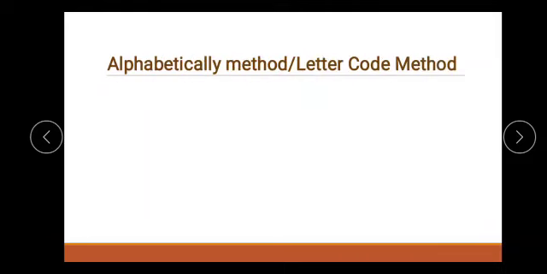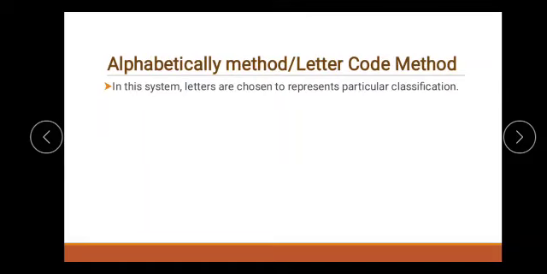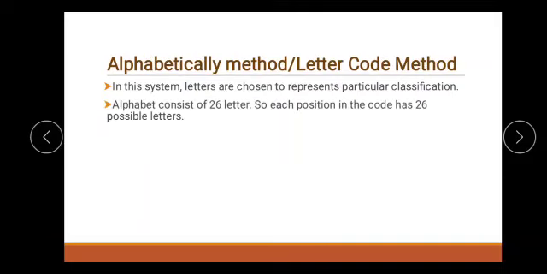First, the alphabetical method is also called the letter code method. In this system, letters are chosen to represent a particular classification. The alphabet consists of 26 letters, so each position in the code has 26 possible letters. This method is useful when the store contains few items.